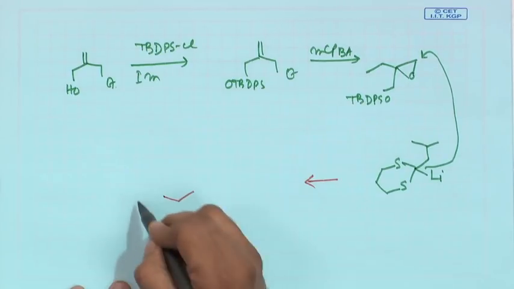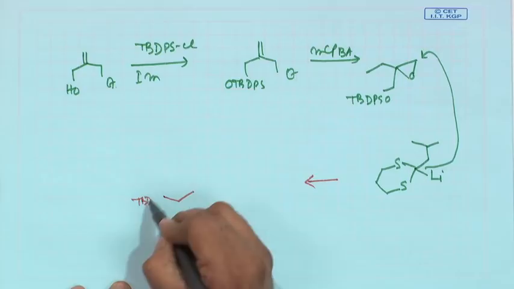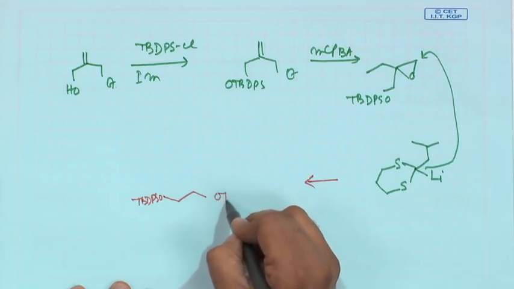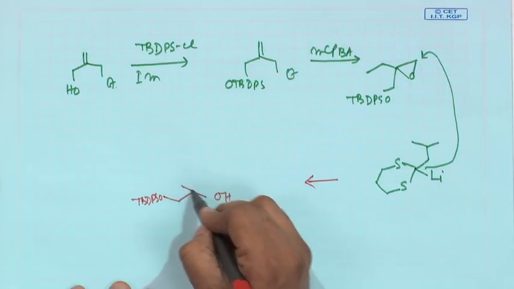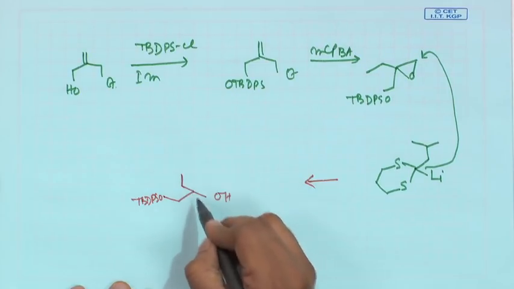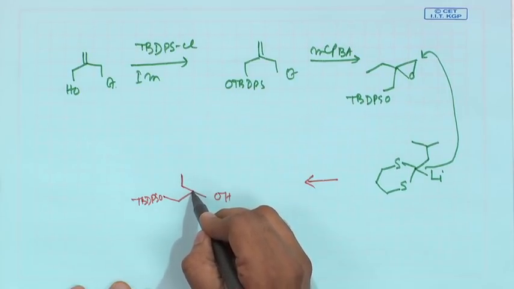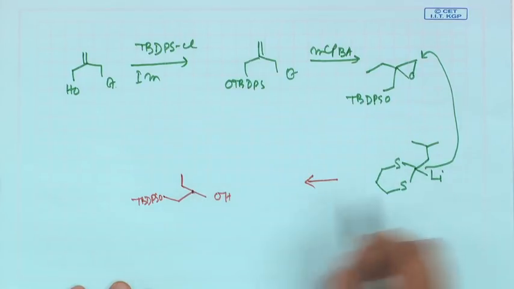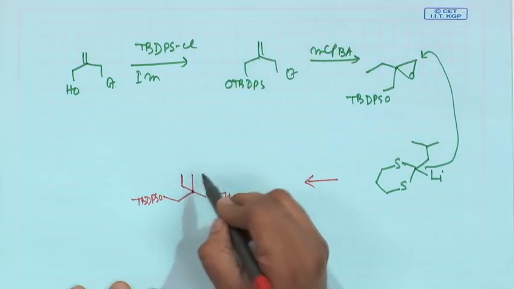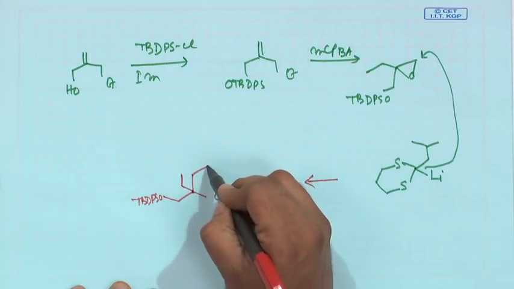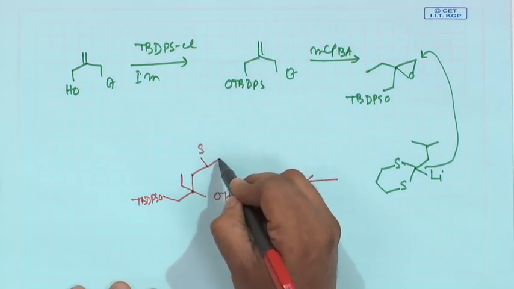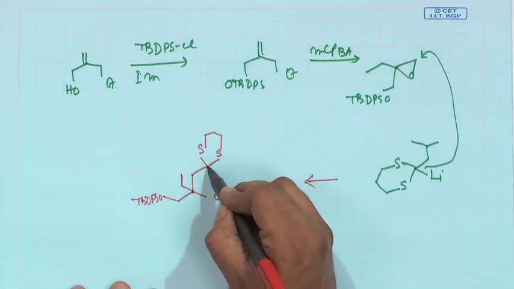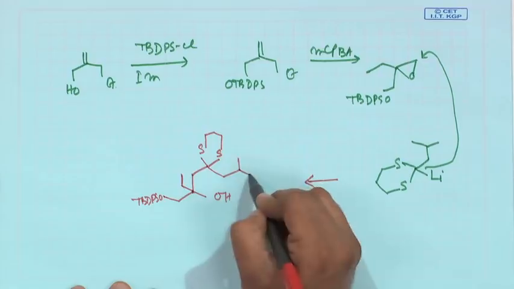You basically get this TBDPS, you have this OH which has been generated, you have this ethyl. So, this quaternary carbon is now generated, and then you have this CH2 and your dithiane is here, and the remaining isobutyl is here.